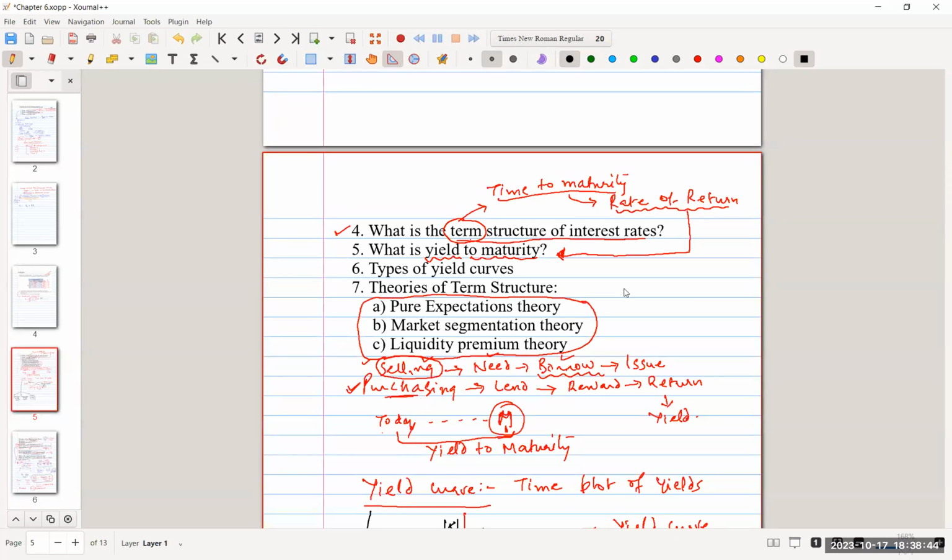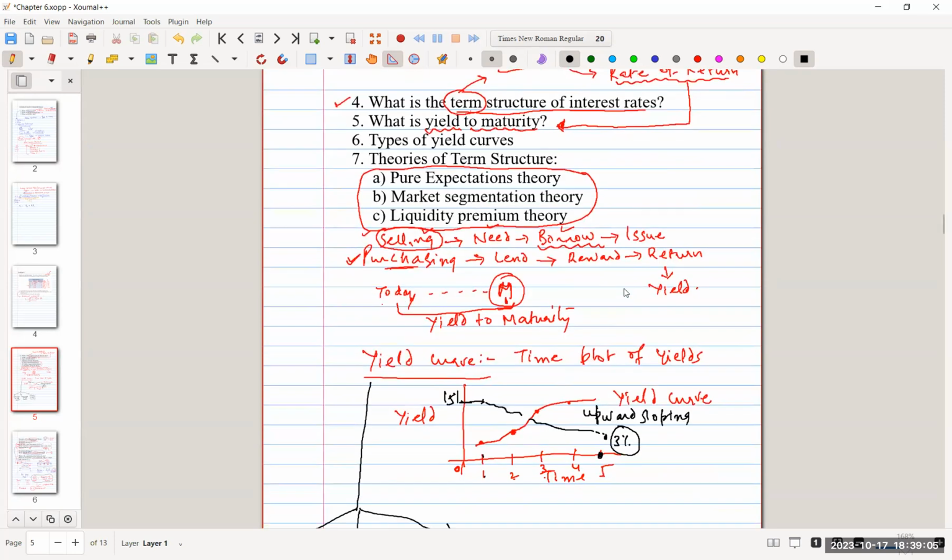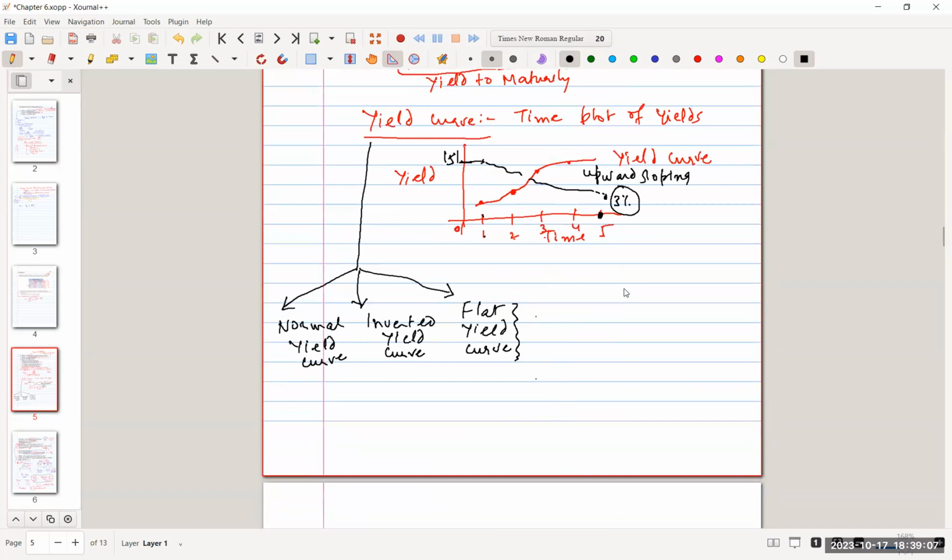Remember, in the starting phase of our session tonight, we talked about liquidity preference. You would rather prefer to lend for a short period of time than for a longer period of time, because the longer the time period, the greater the uncertainty associated with it, right? So what people do usually is, let's just change color here.